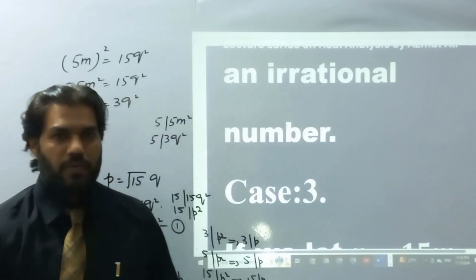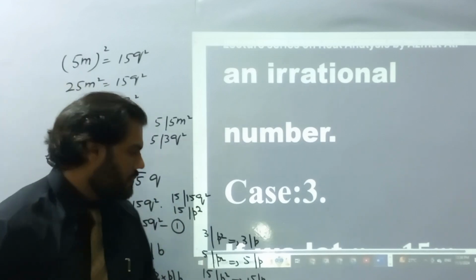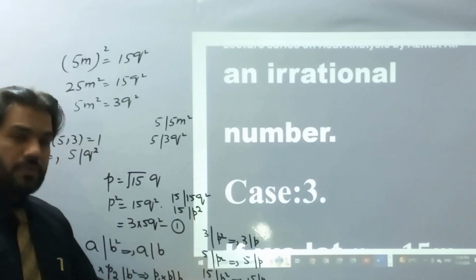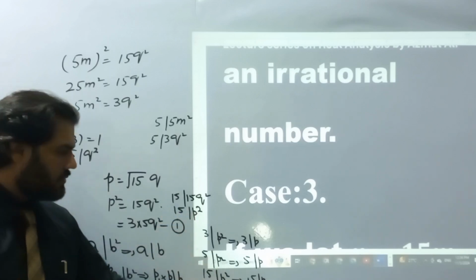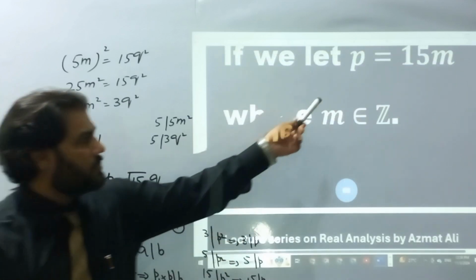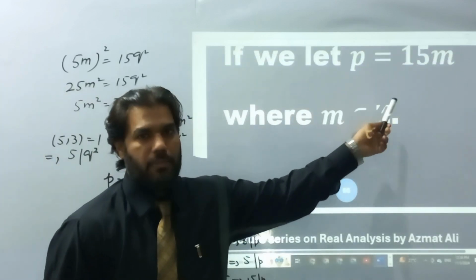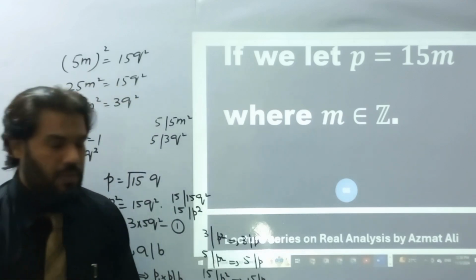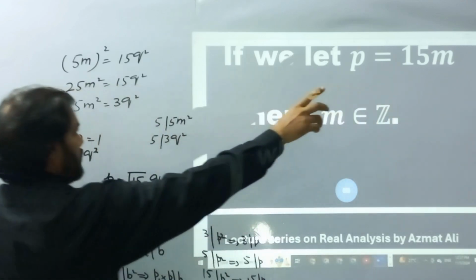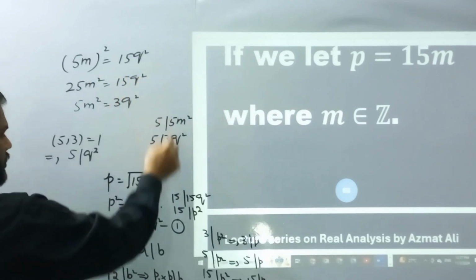Next, the last case for the value of p. When p square is divisible by 15, in other words, when p is a multiple of 15, so let p equal 15m, where m is an integer. Put this value of p, that is 15m, in equation number 1.